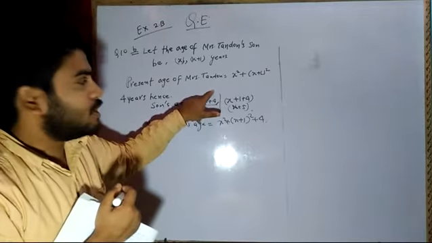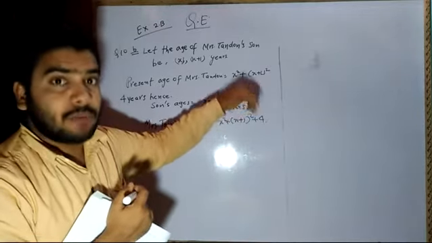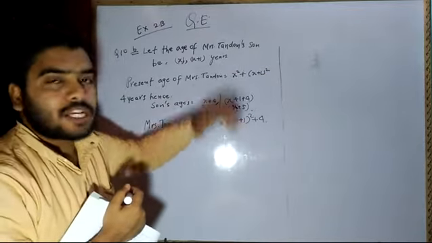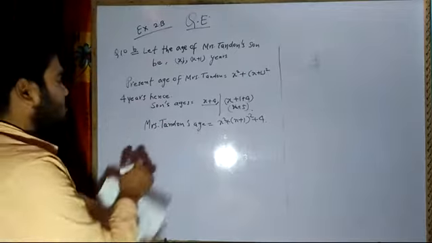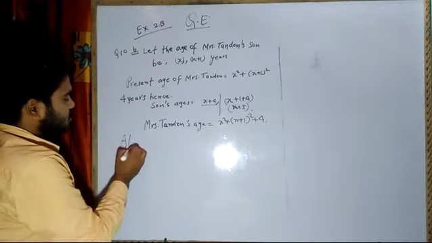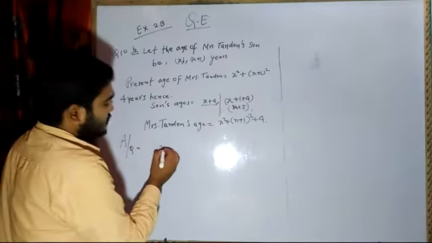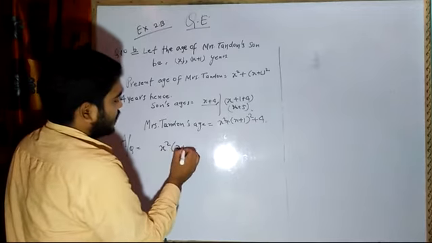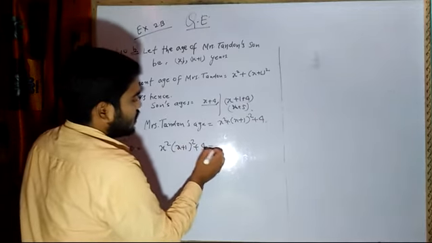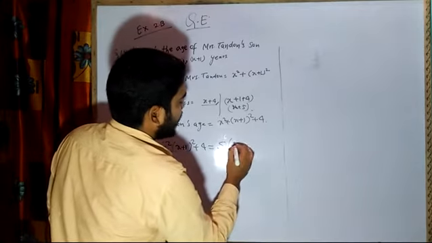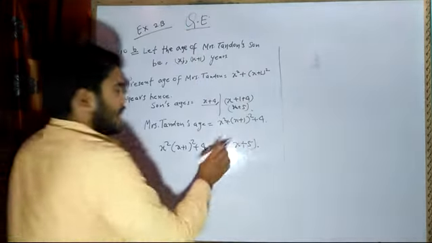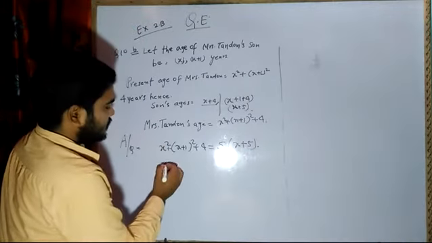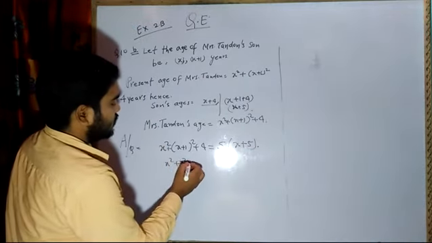Now the statement says that Mrs. Tandon's age, that means x square plus x plus 1 whole square plus 4, is equal to 5 times the age of the eldest one. Now you simplify this, it will be x square plus 1.